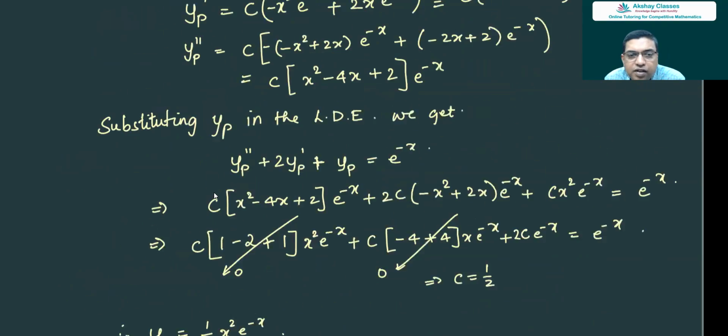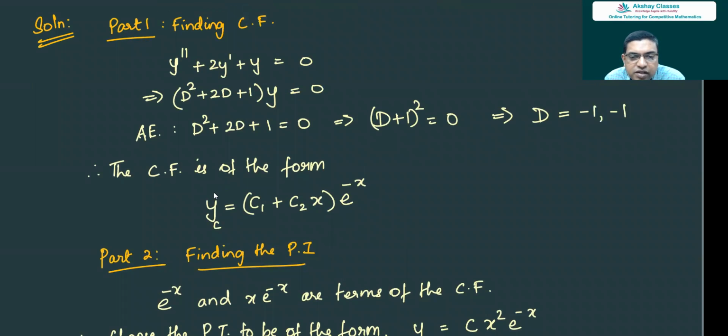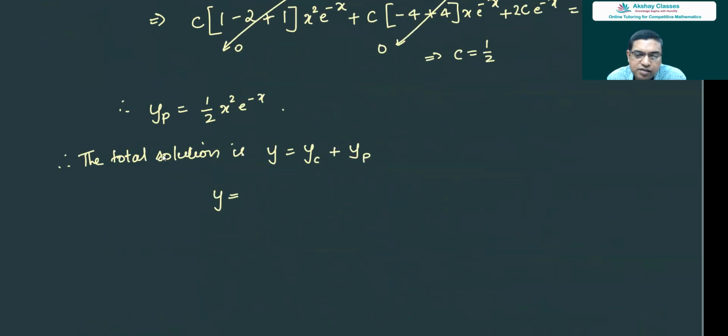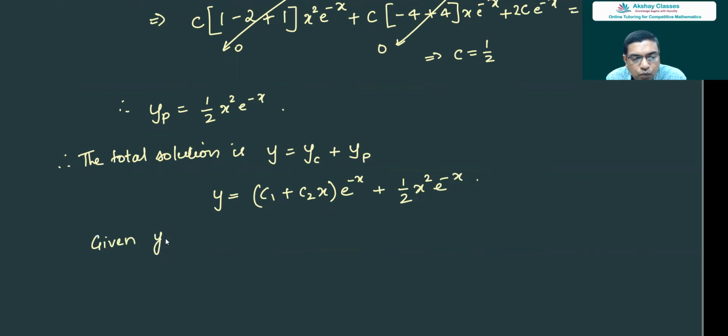Now the complementary function we found here was c1 plus c2 x times e power minus x, so y is c1 plus c2 x times e power minus x plus half x square e power minus x. Now we have to apply the boundary conditions given: y of 0 is minus 1 and y dash of 0 is equal to 1.